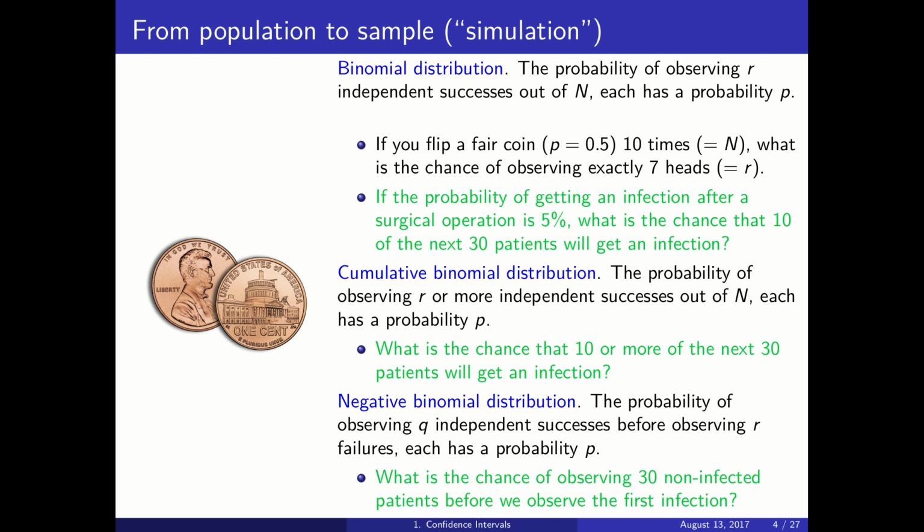So it is the probability of observing Q independent successes before observing R failures when each one of the failures has a probability P. And there is an advantage of this negative binomial distribution, that there are a couple of parameters that you can fit to your data. So it is very much used, not so much because it explains the way the data is generated, but simply because it fits the observed data.